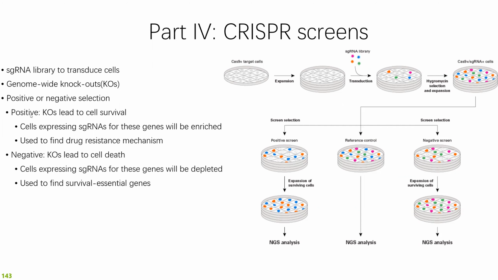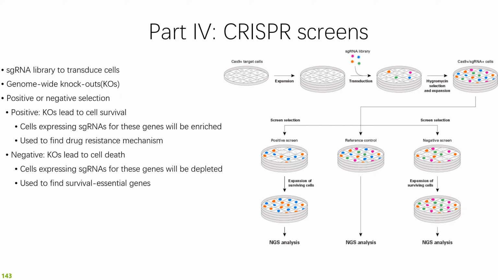So positive selection means that a knockout of a gene leads to cell survival. That is, cells expressing sgRNAs for these genes will be actually enriched. And we can use positive selection to find, for example, drug resistance mechanism.